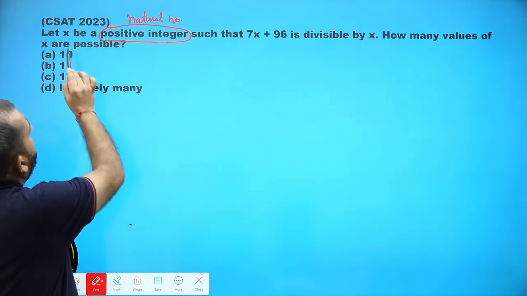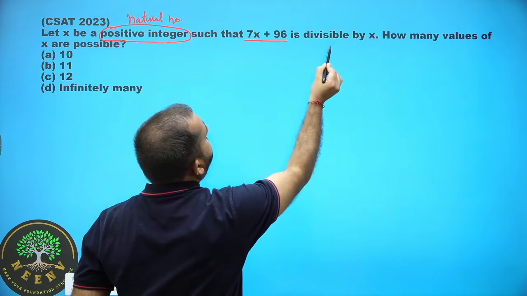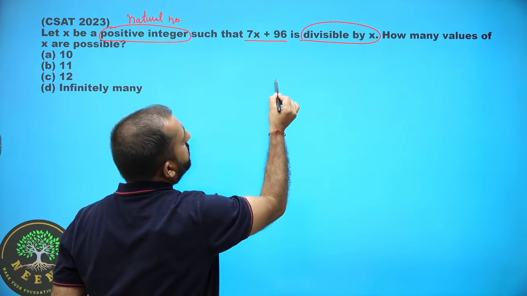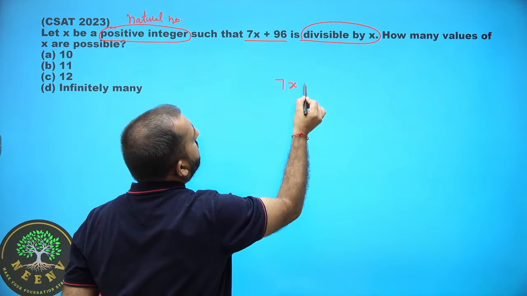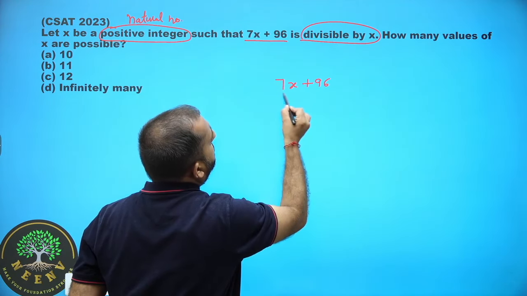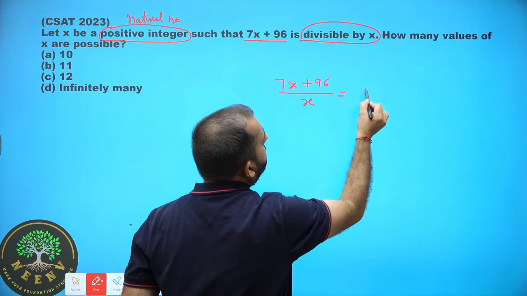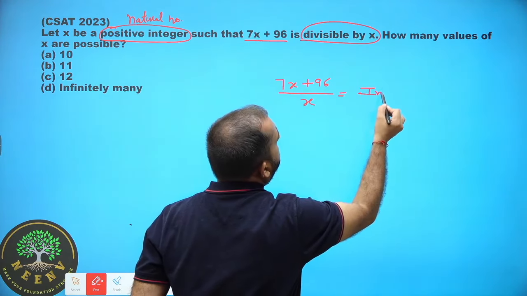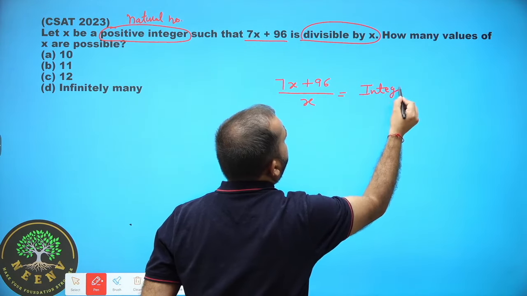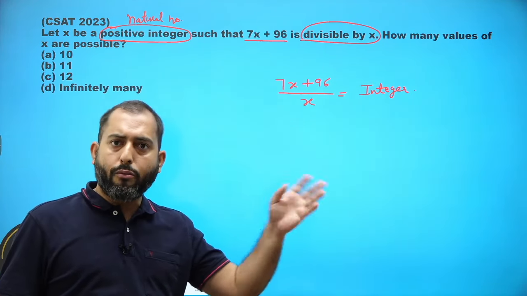Now let x be a positive integer such that 7x plus 96 is divisible by x, which means if you divide 7x plus 96 by x, in the result you will get a complete value, an integer for sure.